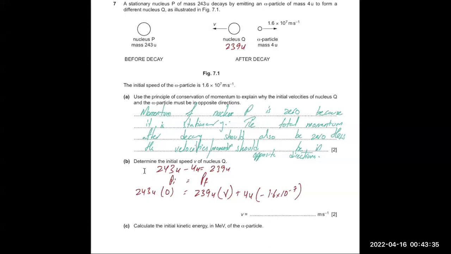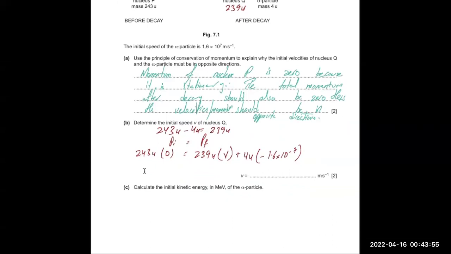One of these needs to be negative. You either have V as negative or you'll have this as negative. If you take right as positive, this becomes positive, this becomes negative. If you take left as positive, this becomes positive, this becomes negative. But they're in opposite direction. They need to have opposite polarities.